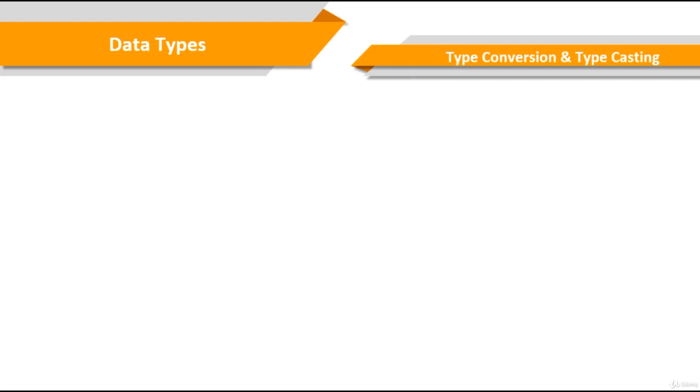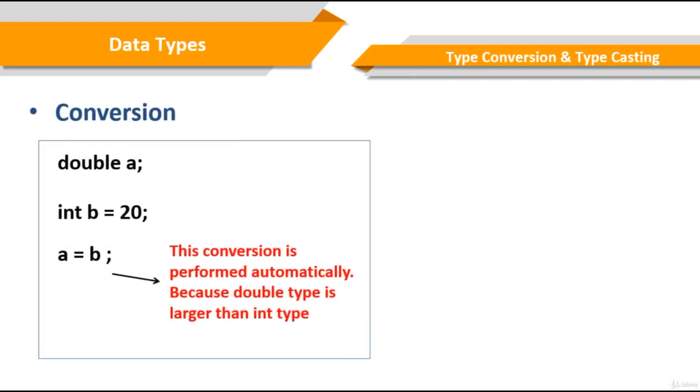If the two data types are compatible, and when we assign a value of a smaller data type to a bigger data type, automatic type conversion happens. In our example, first we'll define the variable a with the double data type and no initial value.